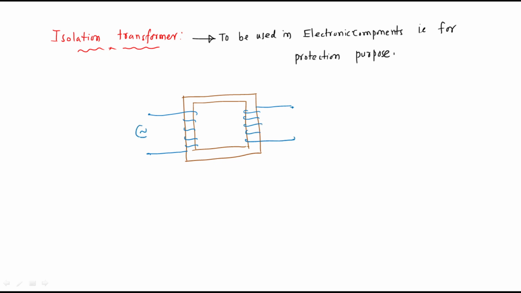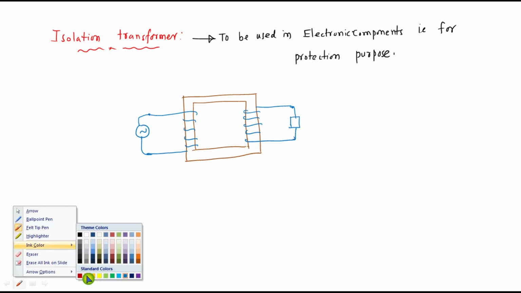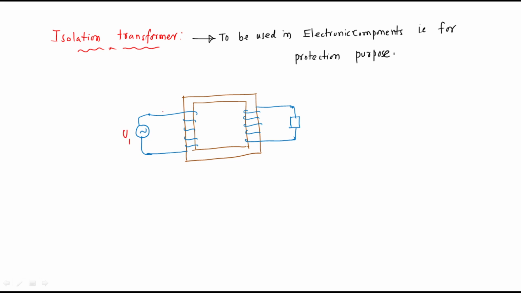Now we have to tell whether this is step up transformer or step down transformer. This is supply voltage, this is current, this is EMF, this is secondary EMF, there is a current, there is a voltage.